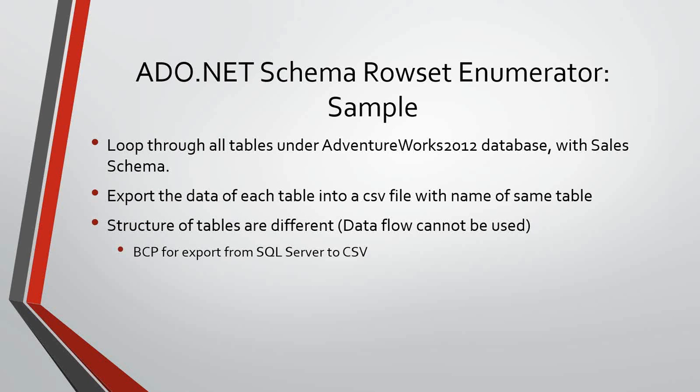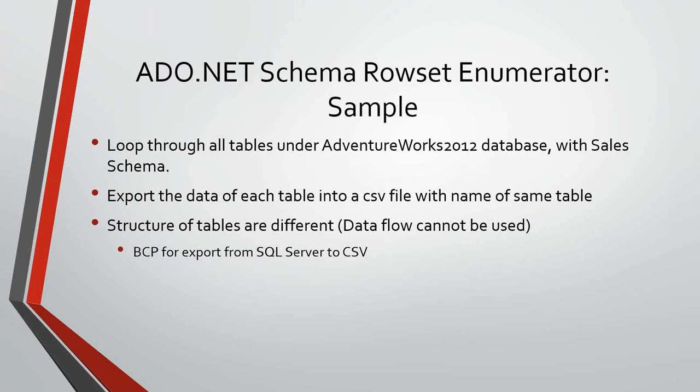Please note that each table has a different structure. When we have different column structures, we cannot use a data flow. We should use another way of exporting this information. BCP is a command for exporting data from SQL Server to CSV.